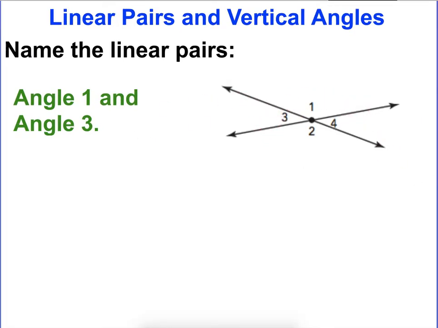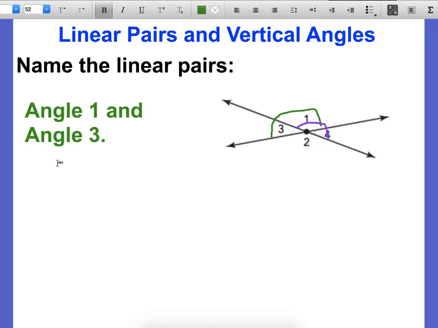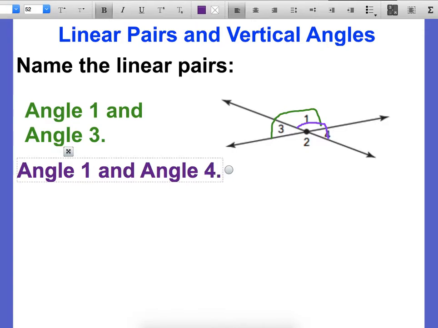Let's go ahead and make that green. So let's look at another pair. We'll go 1 and 4, we could connect because they're right next to each other there on the same line. So I could also say angle 1 and angle 4.